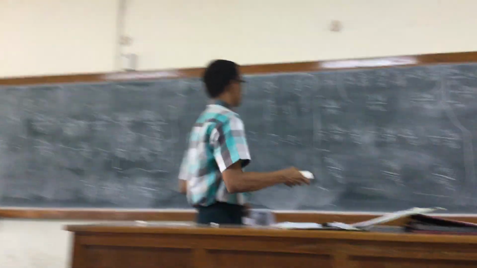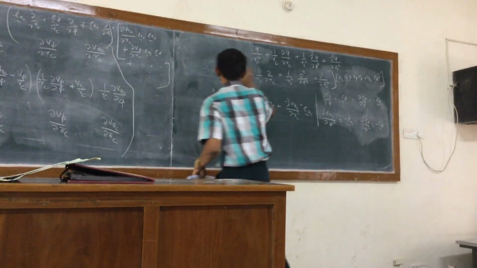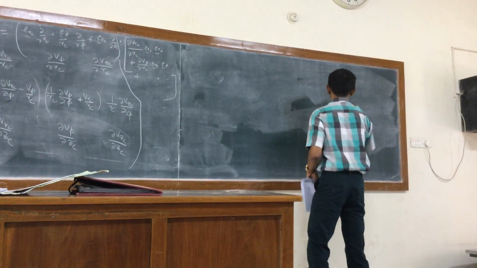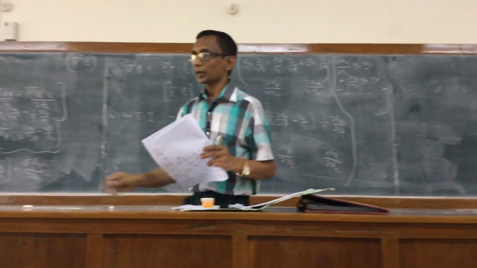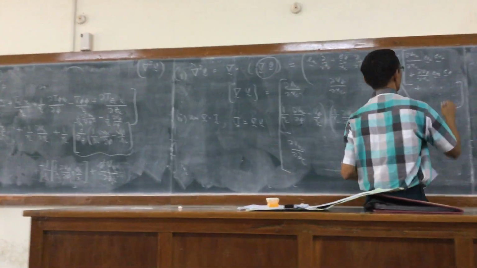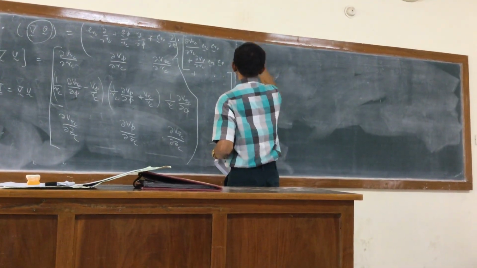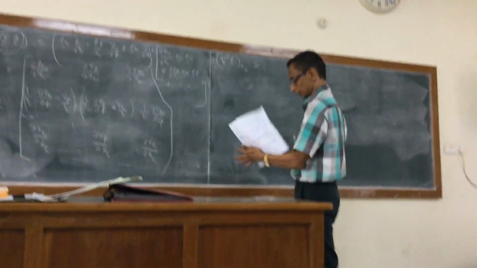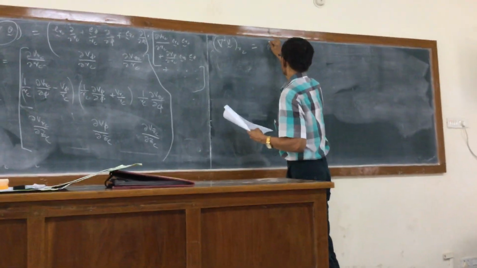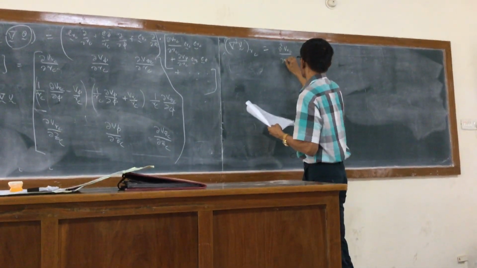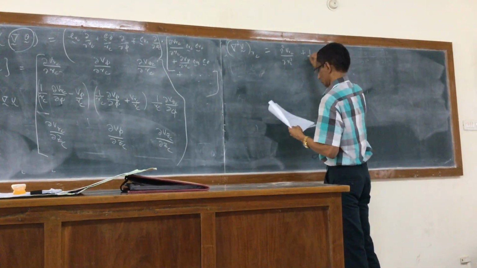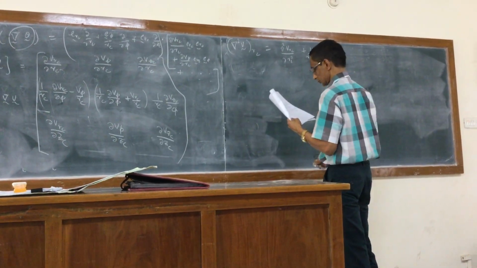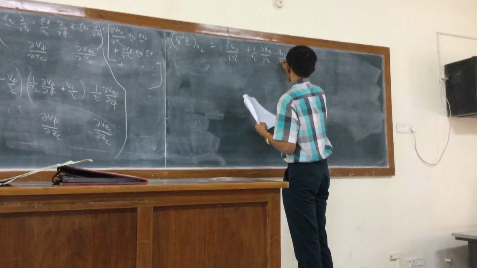So let's now group all of these terms together, and what you will get is the component along the RC direction, which is equal to d squared vRC by dRC squared plus 1 over RC dvRC by dRC minus vRC by RC squared.